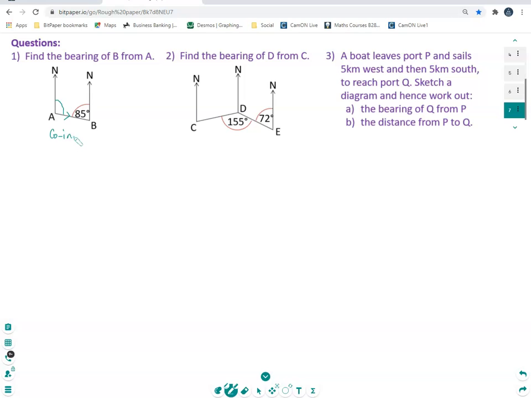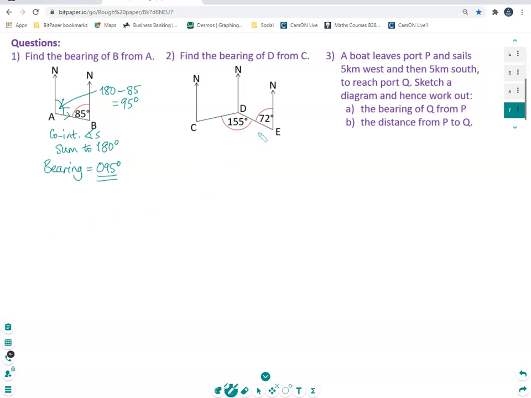So this angle here must be 180 minus 85, which is 95 degrees. So the bearing of B from A must be 095 degrees.